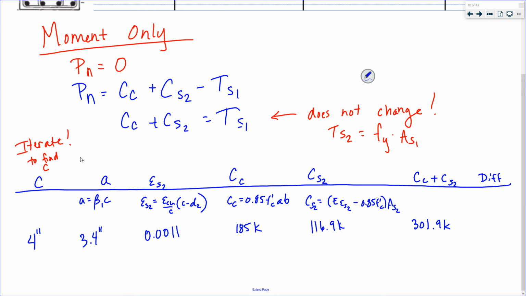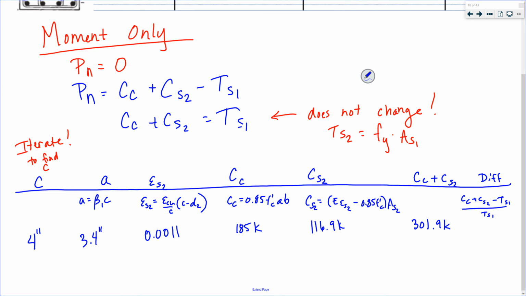Right, let's see. For the percent difference, I'm going to do C sub C plus C sub S2 minus T sub S1 over T sub S1.